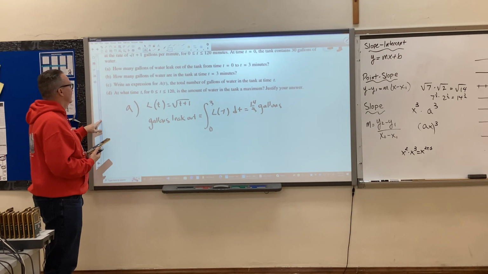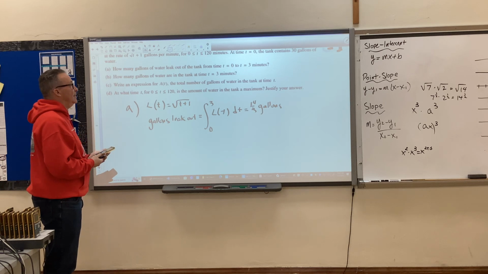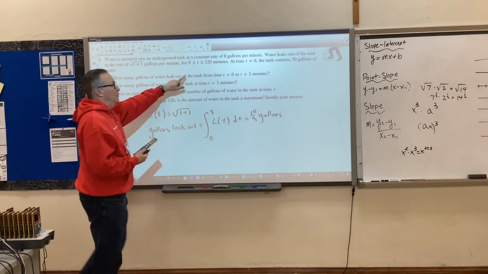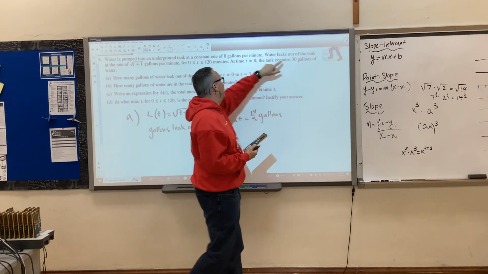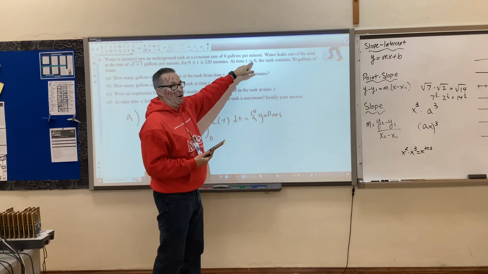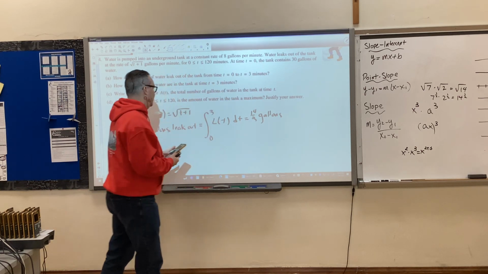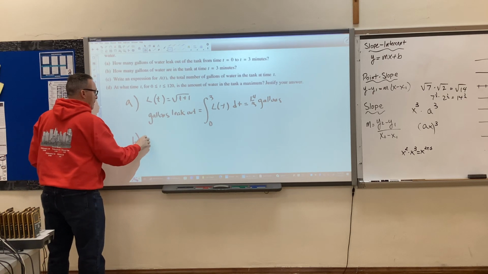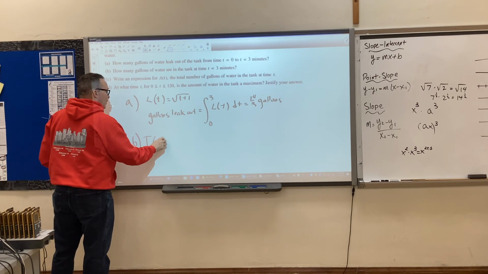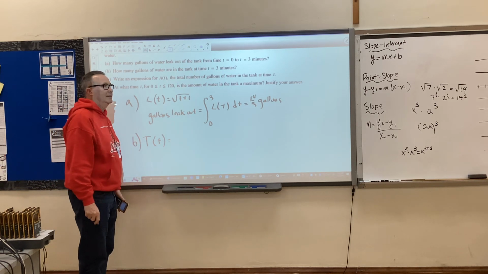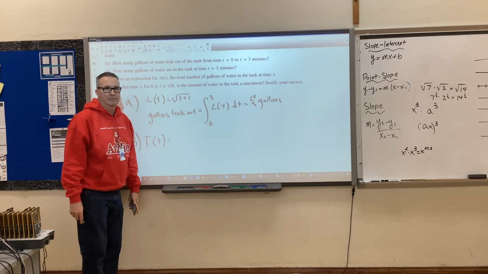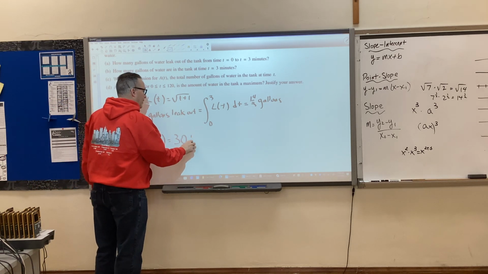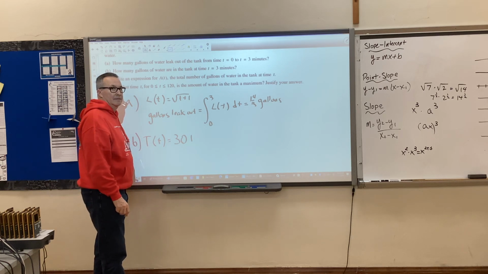B, how many gallons of water are in the tank at time equals 3? Now I want to warn you that there's 30 gallons of water in the tank at time equals 0. The total amount of water in the tank is what? It starts with 30, plus the water that's added, 24.